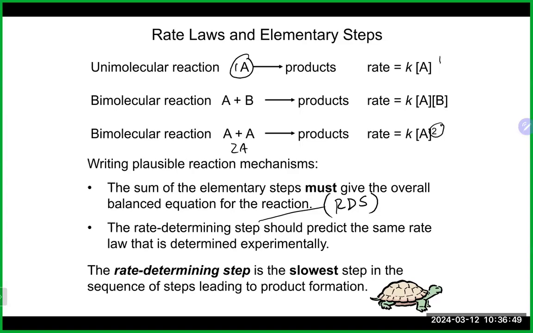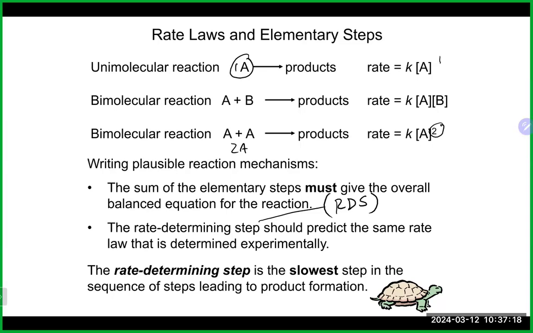So oftentimes in these problems, they will give you the rate law and say, hey, the rate law was found experimentally to be this. When you look at the mechanism and determine what the rate law should be based on the mechanism, the rate law from the mechanism and the rate law that was found experimentally should match each other identically in order for it to be a good mechanism. If you do that, and we're going to do some examples shortly, and they do not match, then it is not a good mechanism. It's not a plausible mechanism.